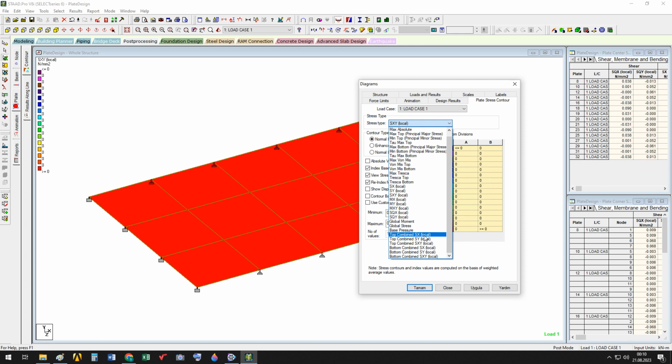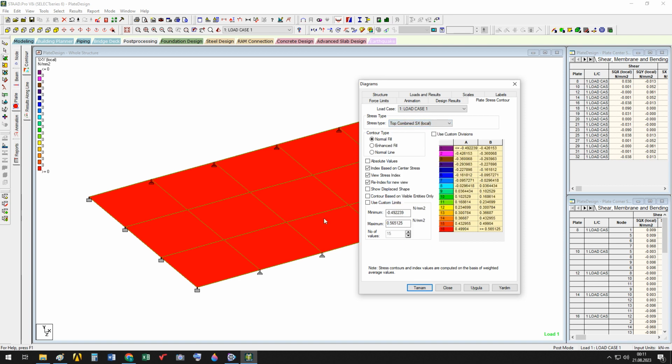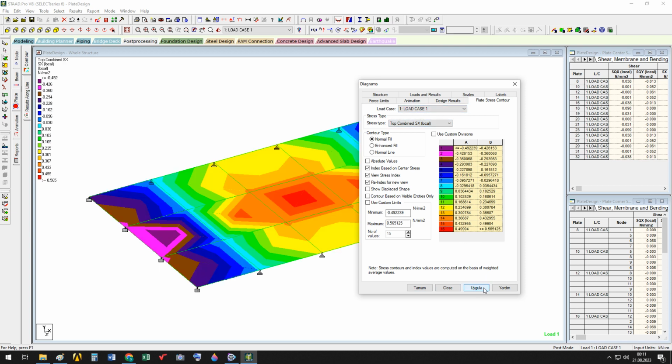Now Sx is actually Sxx. There should be two x here. It's falsely written here. It should be Sxx at the top of the plate, and it's the combined normal stress. Let's check its value at the top.